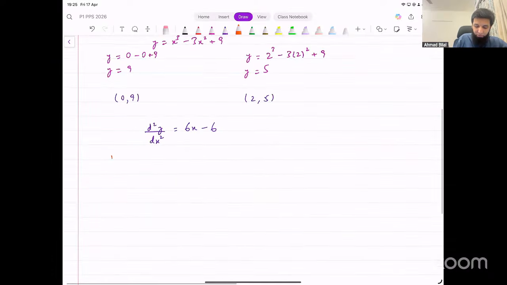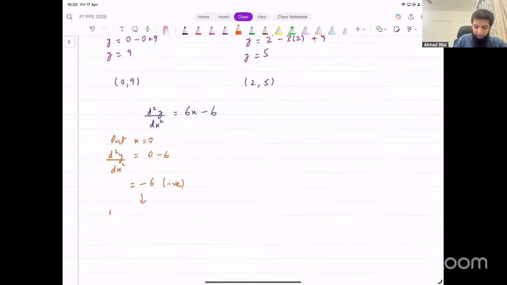Put x equal to 0 in this, and that gives you d squared y over dx squared equal to 0 minus 6, which is negative 6. Now, since it's a negative number, that means we have a maximum point. We have a maximum point at (0, 9). (0, 9) is a maximum point.